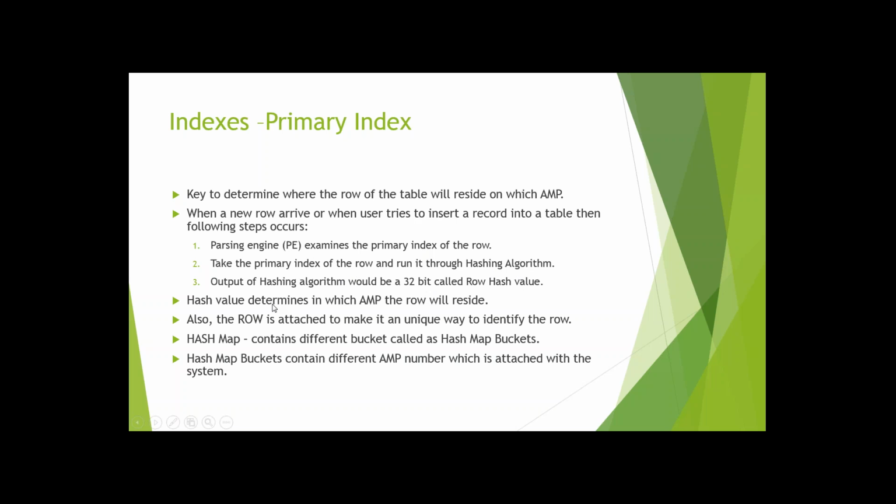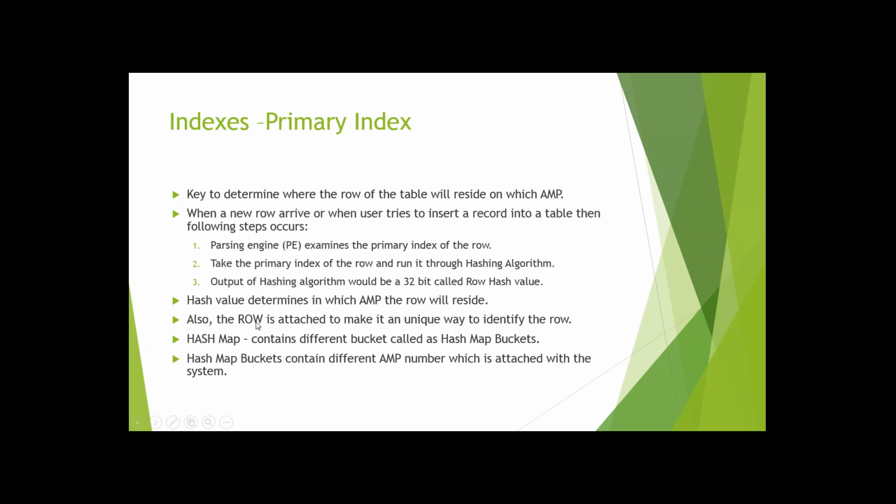So this row hash value determines in which AMP the row will reside. In this case, the row, which is employee number 3 and Harsha name. That this row hash value will determine in which AMP this row will reside. How does it define?